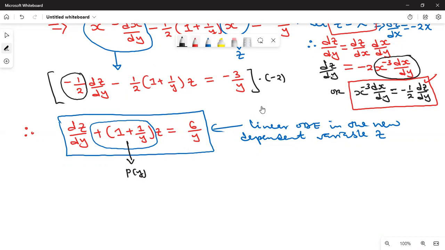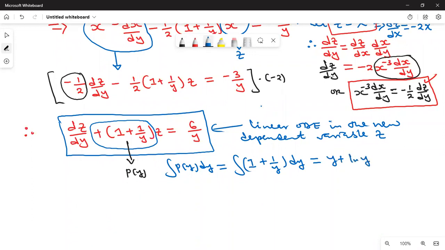So I need to integrate it. We need now the integral of p of y dy. That is the integral of 1 plus 1/y dy, which is the same as y plus natural log of y. So that's our integrating, not integrating factor, but the integral of the coefficient of z. So we can now find the integrating factor.